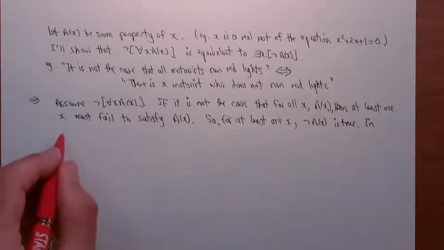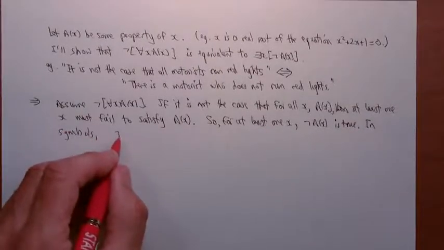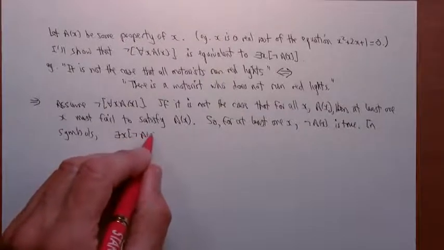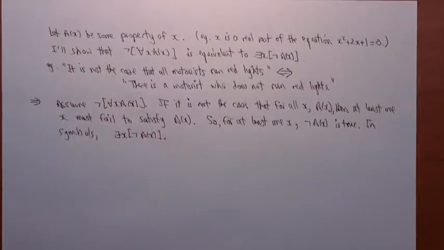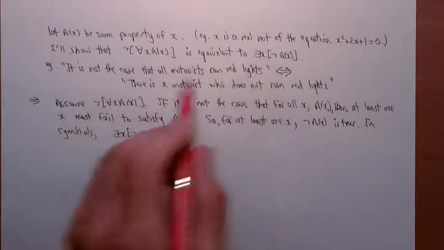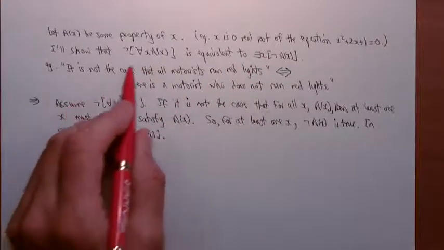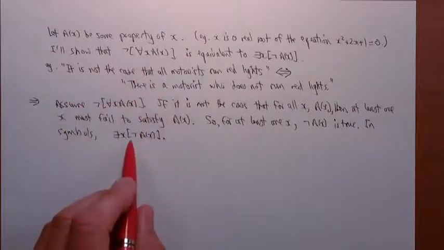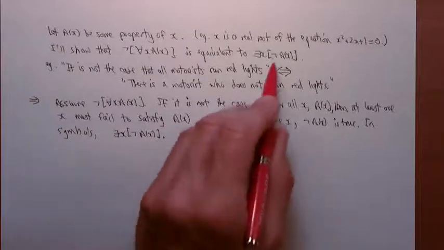In symbols, there exists an x such that not A of x is true. Well, that's the left to right implication. I assumed not for all x A of x, and I concluded there exists an x not A of x.